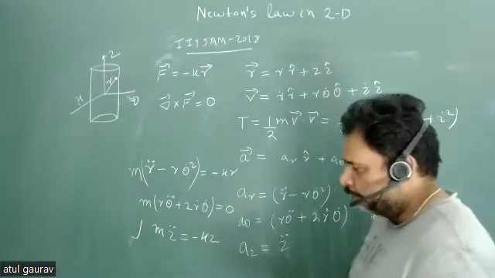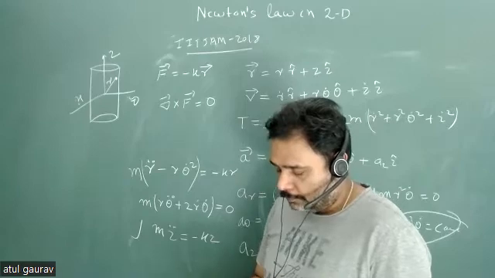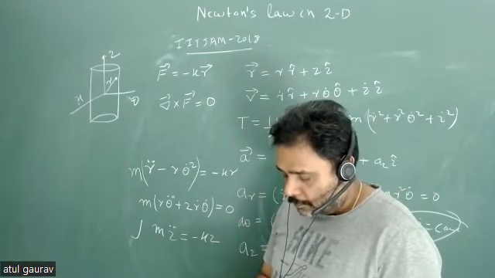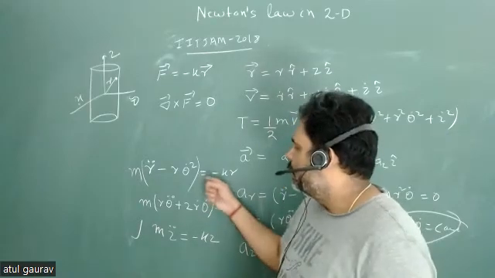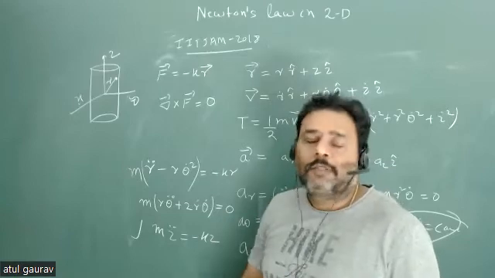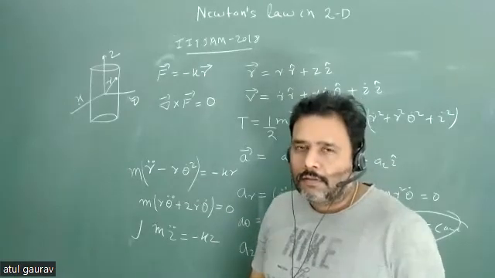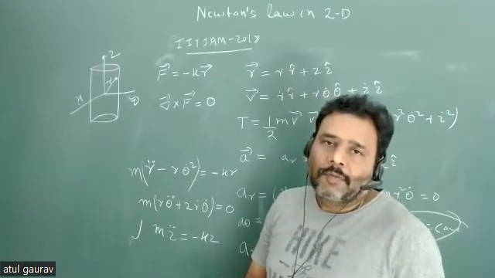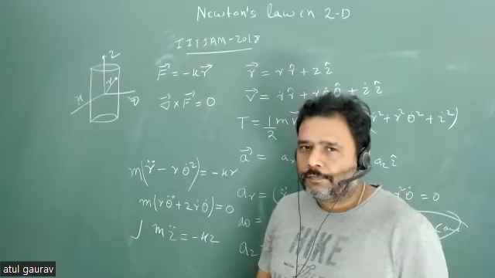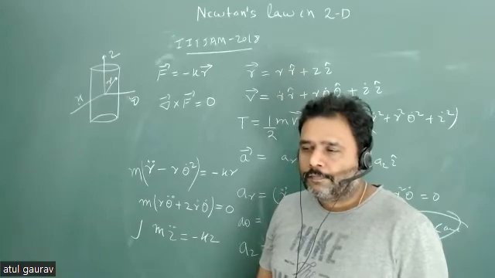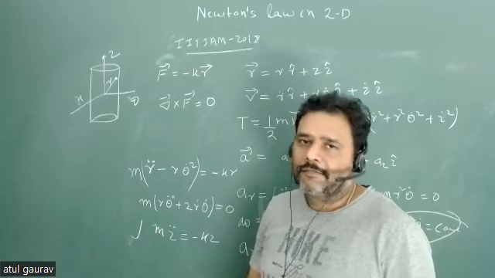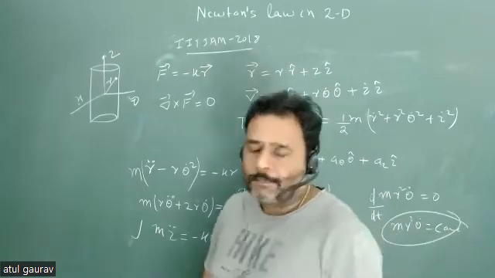Sir, you said that linear momentum is not conserved, because there is force in the R direction and also force in the Z direction. If there is an external force, how will linear momentum be conserved? What is conservation of linear momentum? Just tell me the statement. No external force should be there. If there is no external force, then linear momentum is conserved. What is conservation of angular momentum?